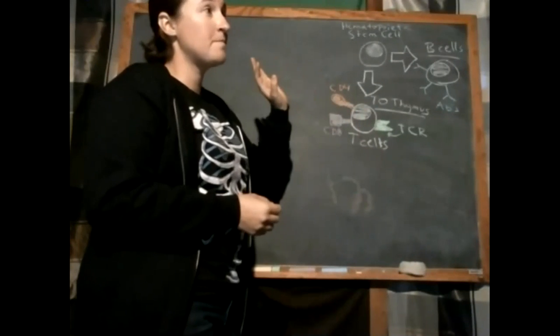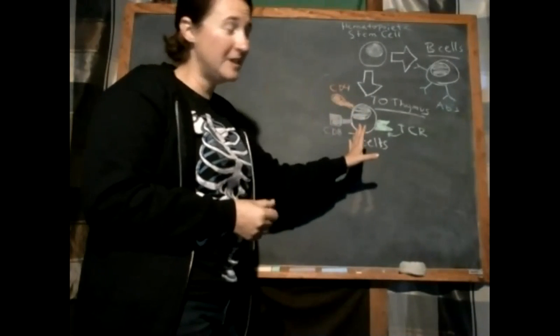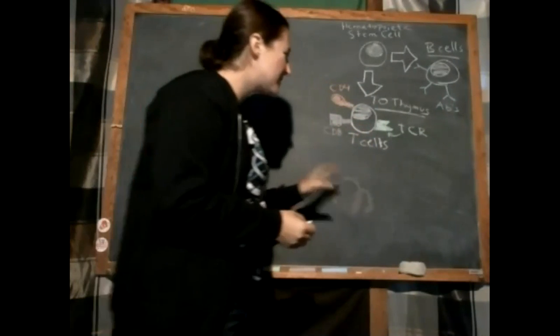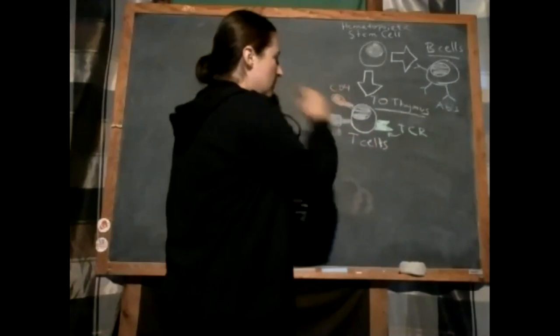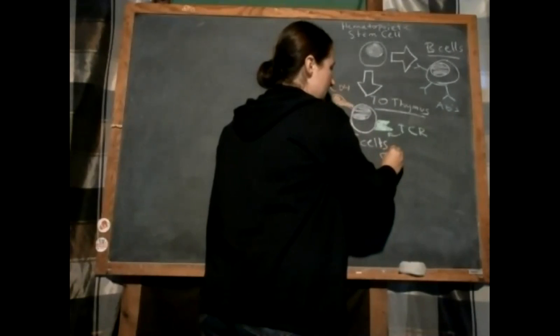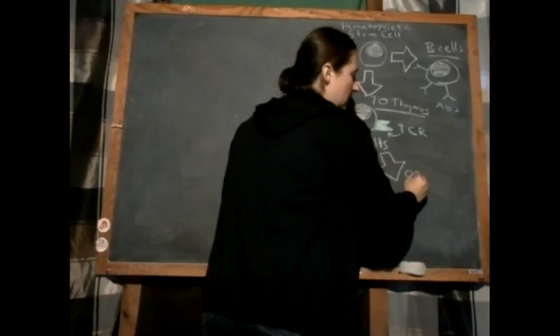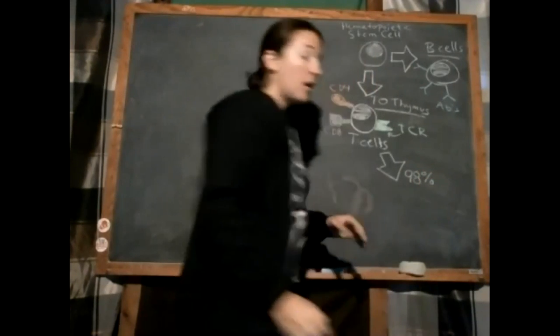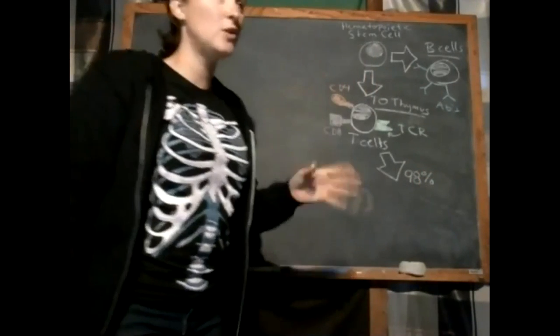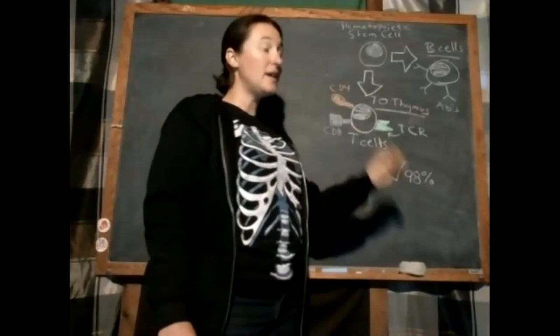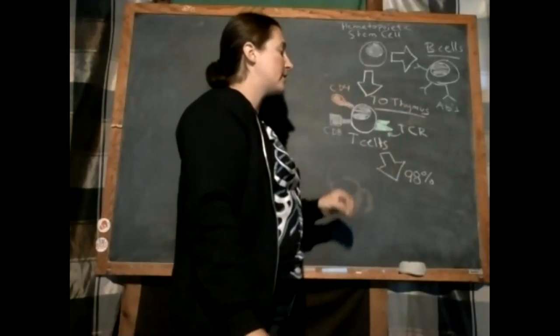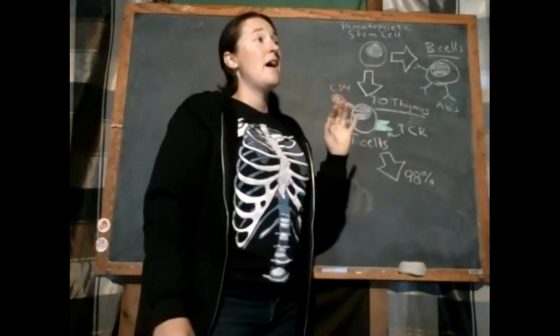That is, most cells fail. And so most of these cells are going to fail. In fact, 98% of them are going to be killed off, right? We really don't want cells that can't recognize us versus not us. We don't want to release them into the body.